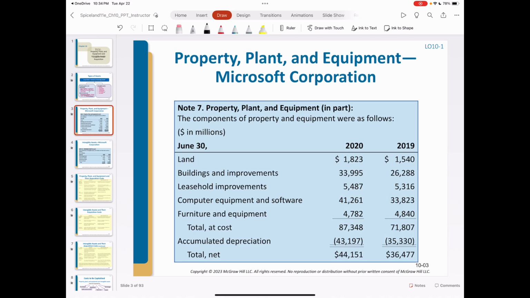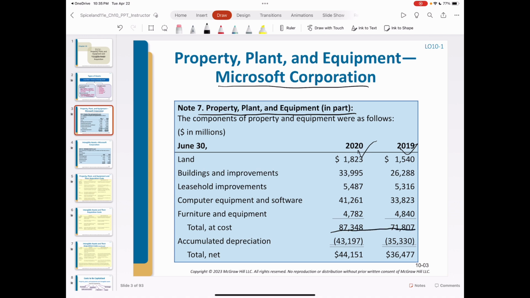This is an example of the notes related to PPE from Microsoft. We can see the details of the property, plant, and equipment in the past 2 years. The PPE includes land, buildings and improvements, leasehold improvements, computer equipment and software, furniture, and equipment.